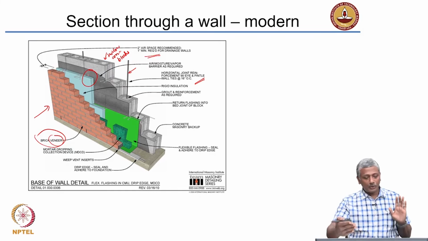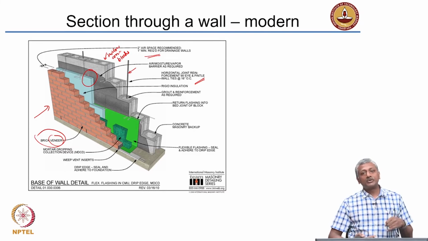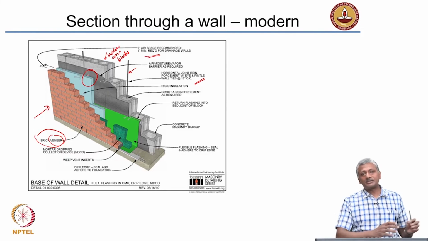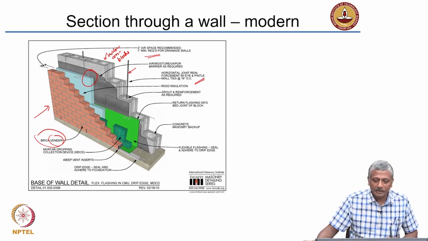So overall you have a nice composite wall which is made up of many different materials which are functionally different, which are different in terms of their mechanical characteristics, okay, and this way you are able to maximize the potential of how that wall will work to protect the interior from the exterior environment, right. We will come back to that a little bit later.